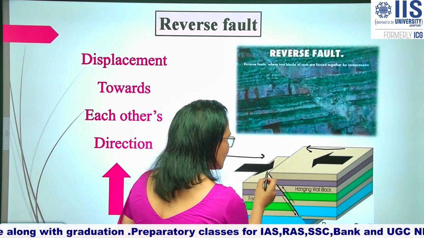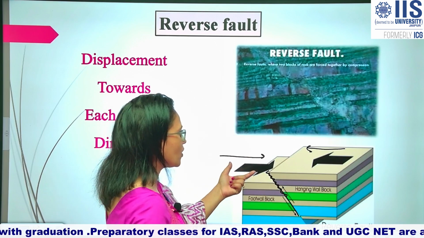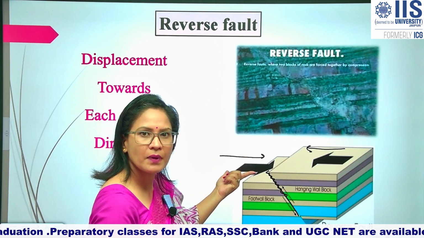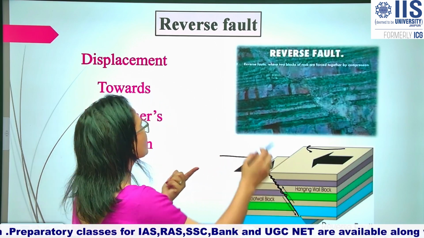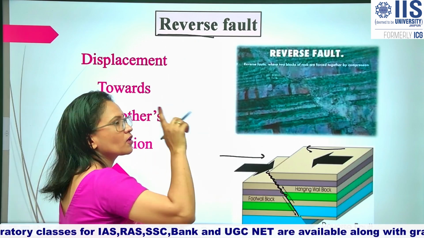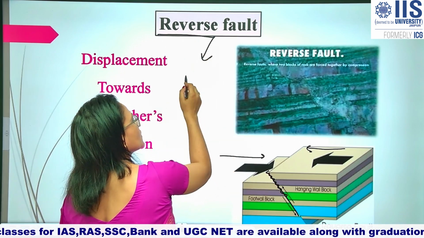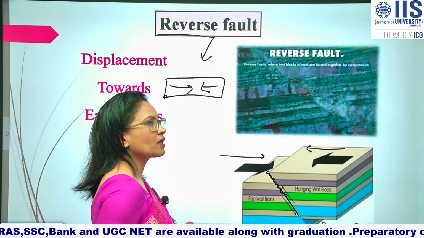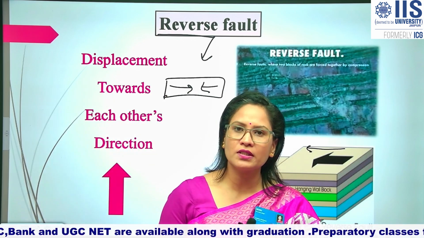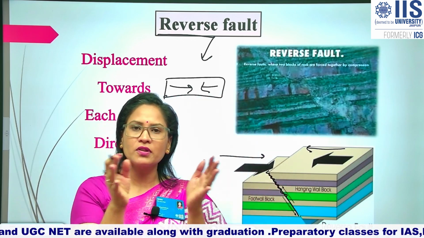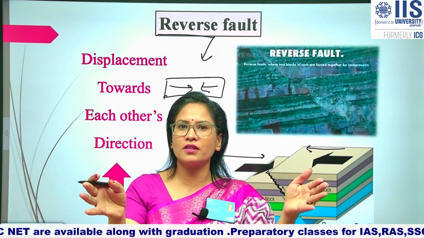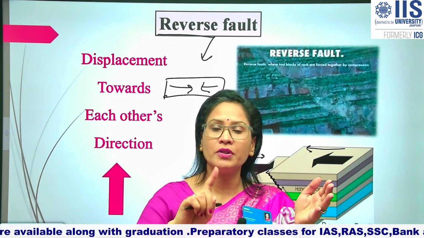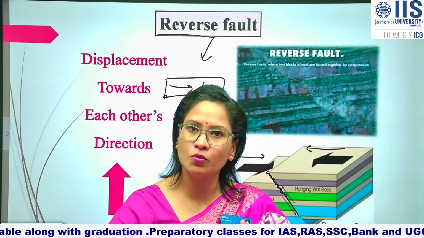So a fault is created because of the uneven part. Because of this, it is known as a reverse fault. Generally the faulting process is apart from each other, but sometimes faults are formed due to moving towards each other.